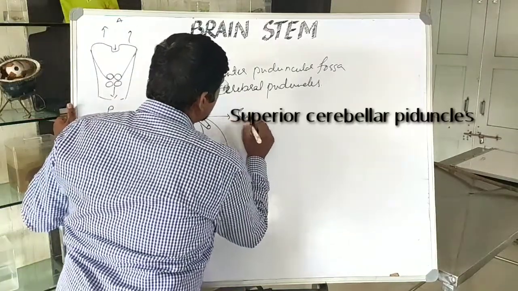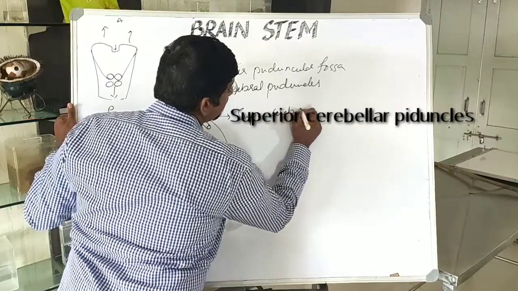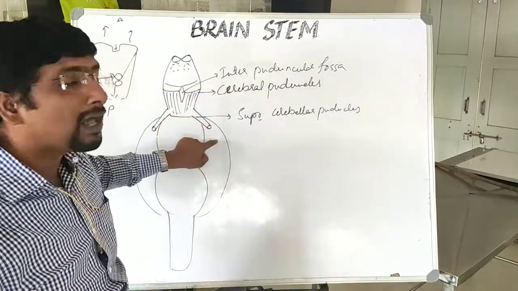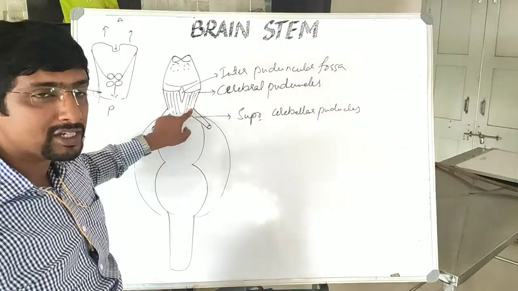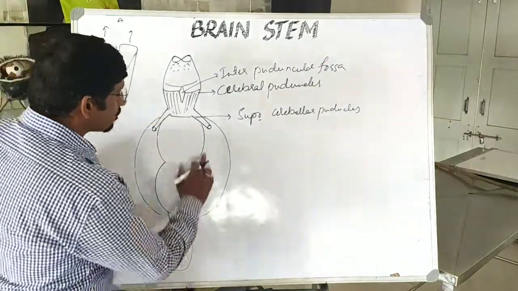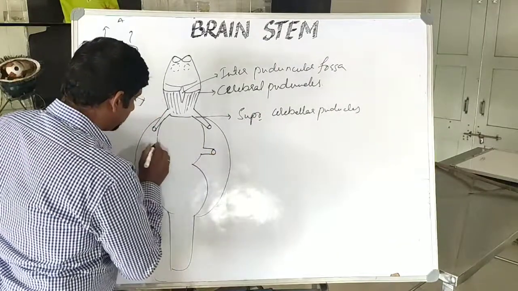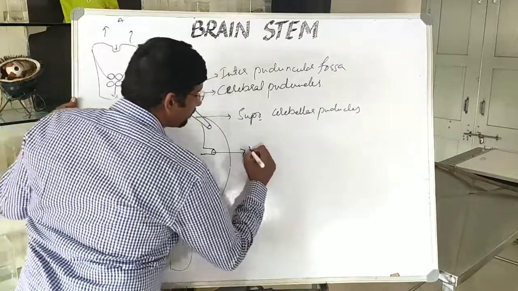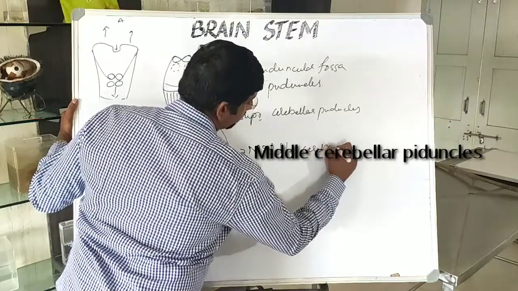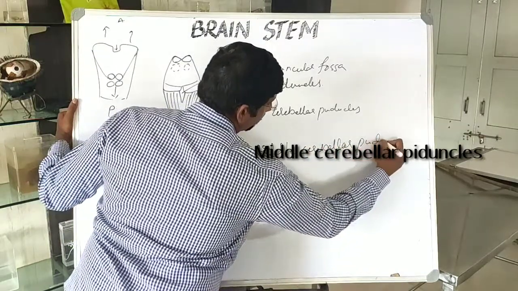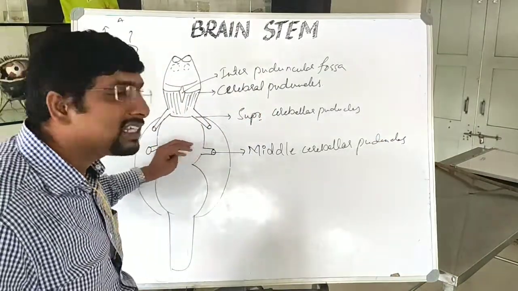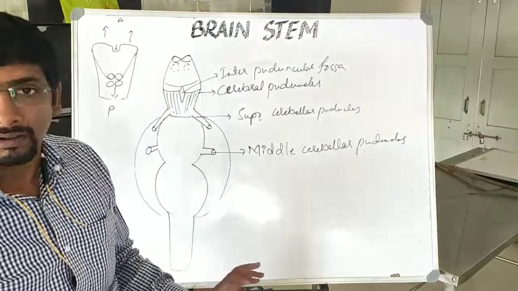These are the superior cerebellar peduncles, which carry the white fiber connections from the midbrain to the cerebellum. Also there are the middle cerebellar peduncles, which connect the fibers from the pons to the cerebellum.